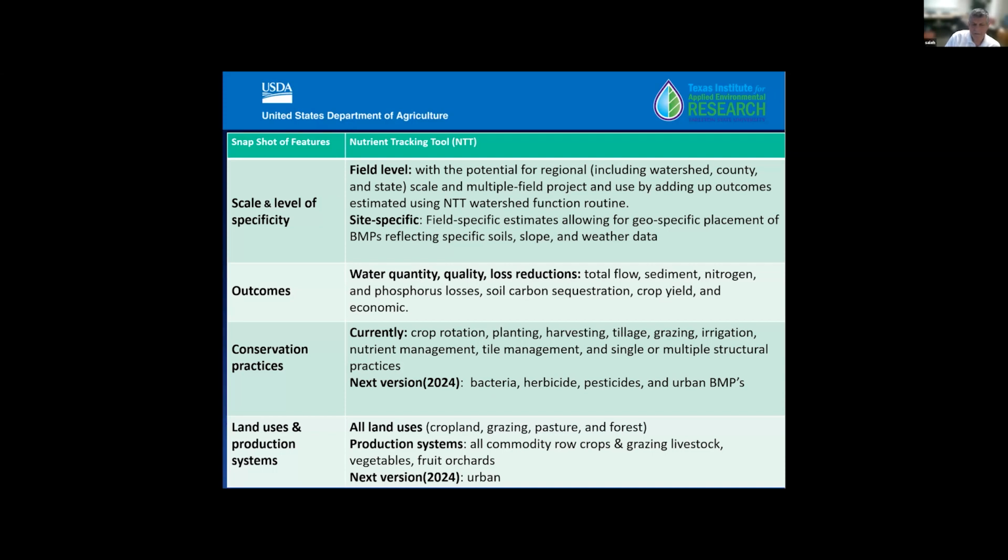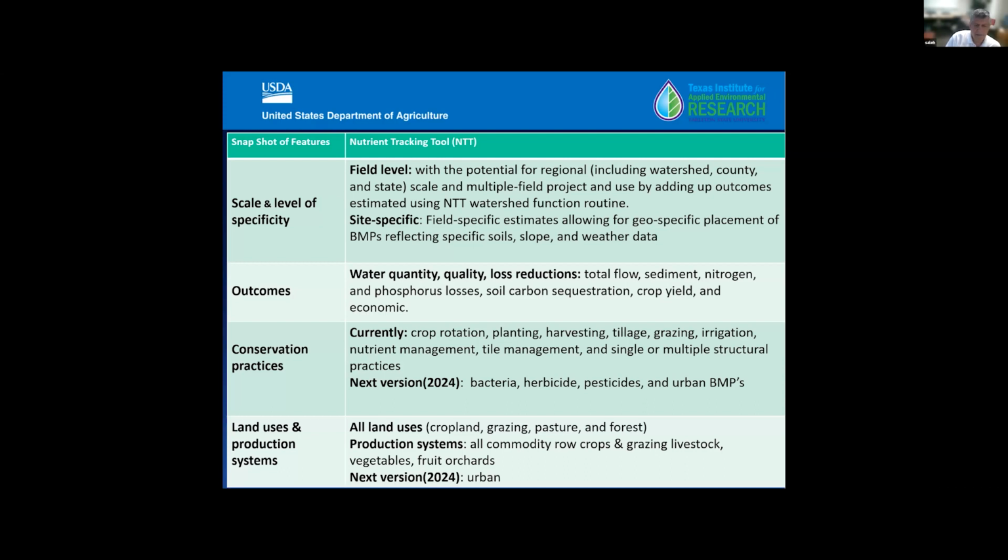And conservation practices. I will talk about this in a little more detail, and I am not going to emphasize it here because of time limit, but quite a few practices you can simulate with this. We show you a list. And the next version is going to have bacteria added. I already have a version of it that we are testing for 2024. Herbicide, pesticide, and urban BMPs are going to be added to the next version.